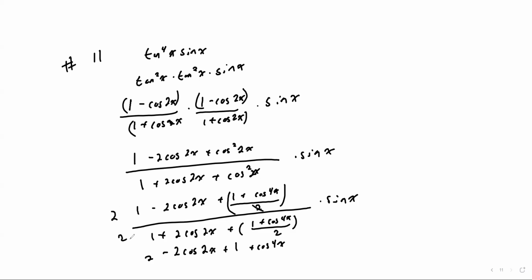Again, as long as I do whatever I do to the top to the bottom, it's a legal move. So 2 plus, oh, that should have been a 4. Just 2 times 2 is 4. And then 2 times 2 would be 4 cosine 2x. And again, this would cancel, leaving me with plus 1 plus cosine of 4x, all times sine x.